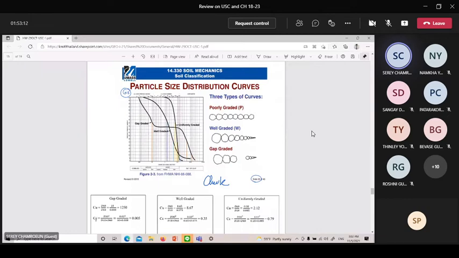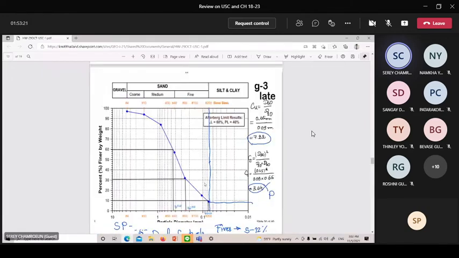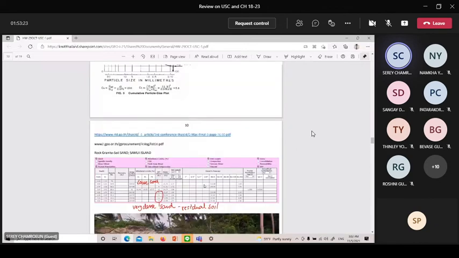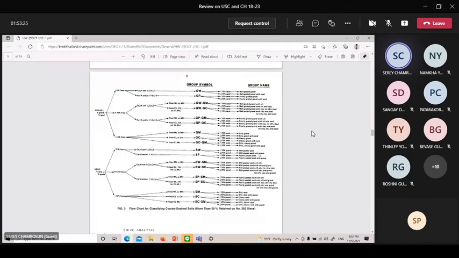After we get the Cu and Cc and the percentages of gravel and sand, we look through this information, and then we can know the group symbol and the group name as well. That's all for my idea about that.